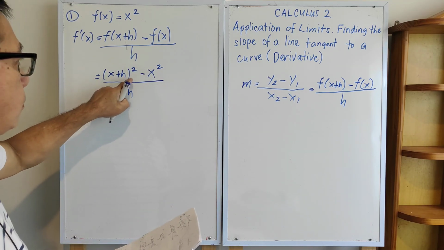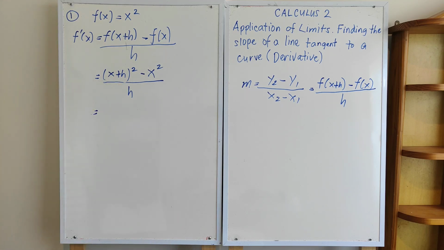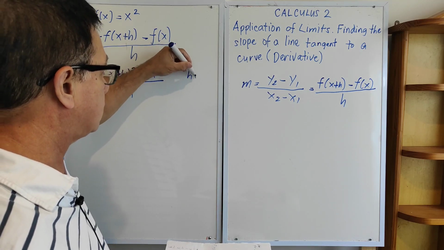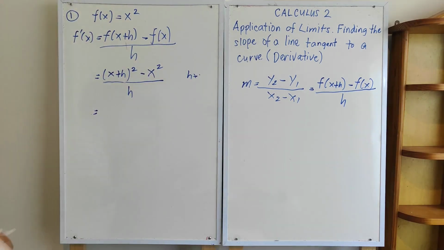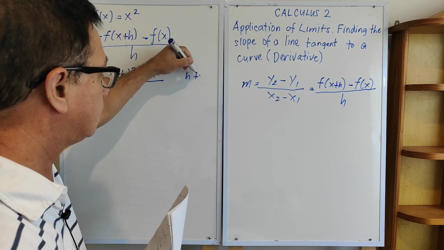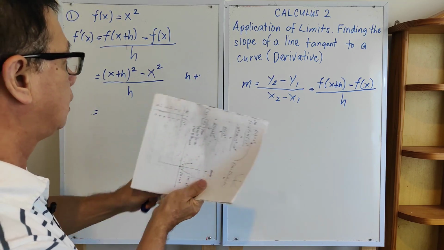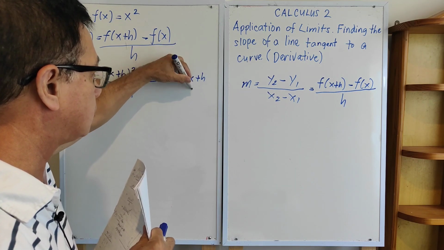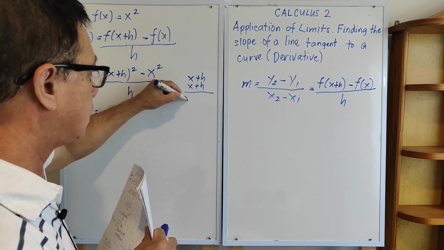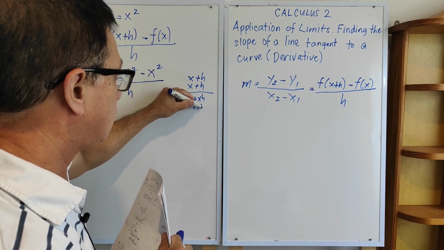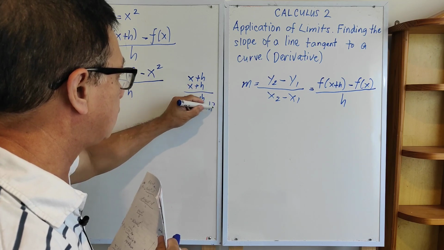So you have to multiply x plus h times x plus h. x times x is x squared, plus xh plus xh plus h squared.